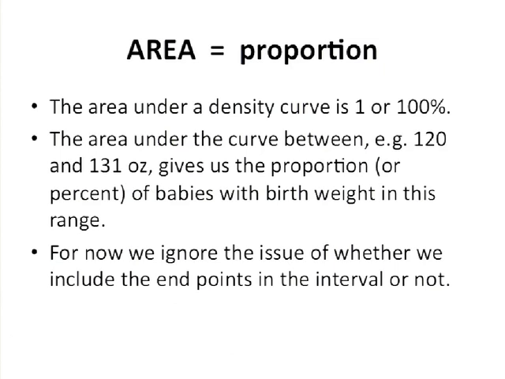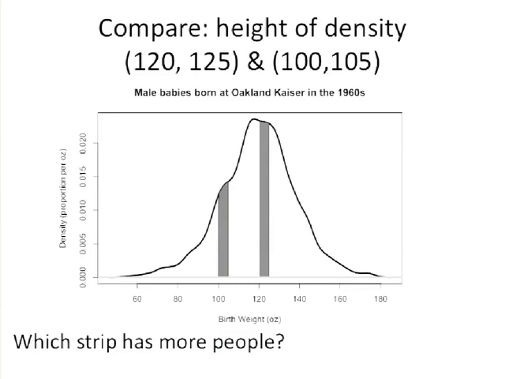And so if we look at just some portion of that density plot, that gives us a rough estimate as to the proportion of individuals, babies in this case, that are within that little interval. So for example, the area under the curve between 120 and 131 is, in this case, I know the answer is 25%. So 25% of the babies are between 120 and 130 ounces.